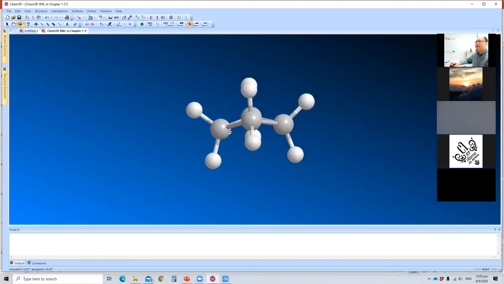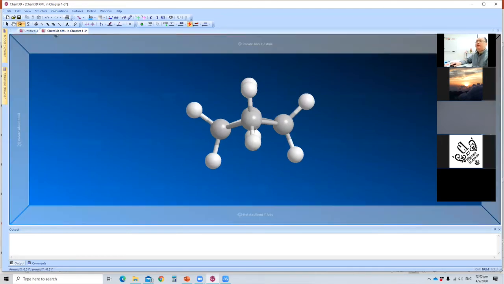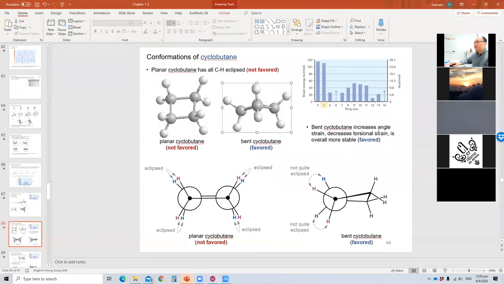It's more like not in a plane, and the angle becomes sharper, right? So the angle strain does increase. But the good thing is that because it's a bent structure, the CC bonds are not quite eclipsed with each other, so the torsional strain decreased. The overall effect is that this bent structure is actually more favored than the planar structure.